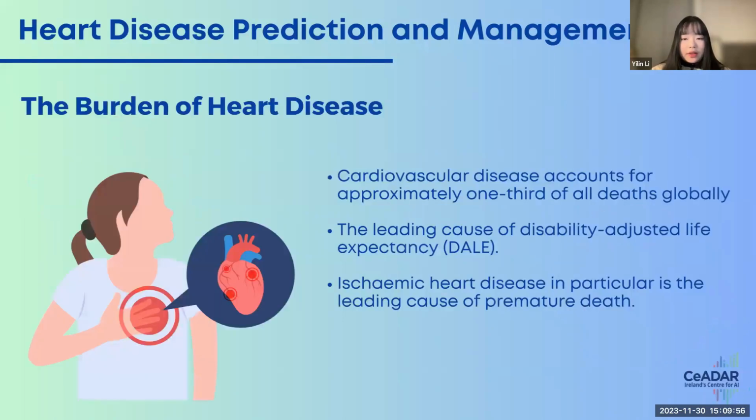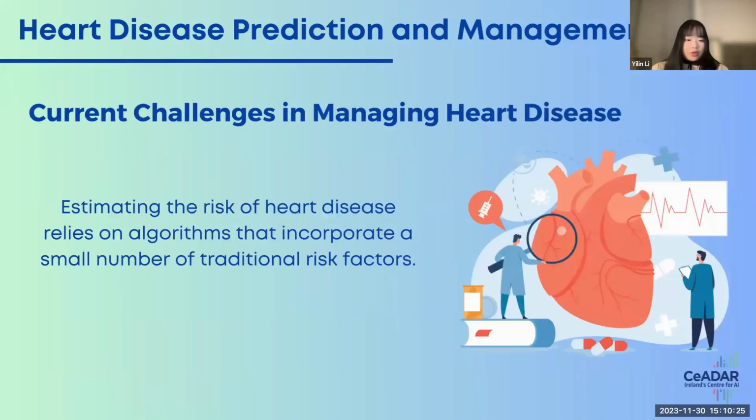Cardiac disease accounts for approximately one third of all deaths globally, and is the leading cause of disability-adjusted life years. Ischemic heart disease in particular is a major cause of premature death. That is very horrible.